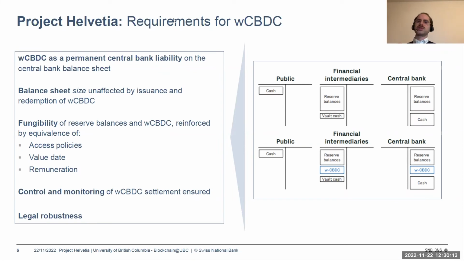This was also to underline the fungibility between reserve balances and wholesale CBDC, two different forms of digital central bank money, which should be reinforced first and foremost by access policy. The same institutions that we allow today to hold our digital central bank money should be the ones allowed to hold the new form. A value date was especially important for the calculation of the remuneration, of course, and mostly a technical thing.